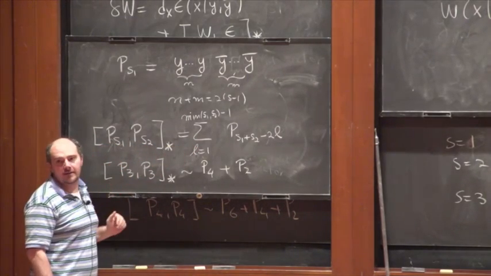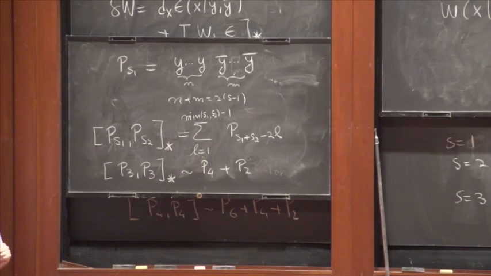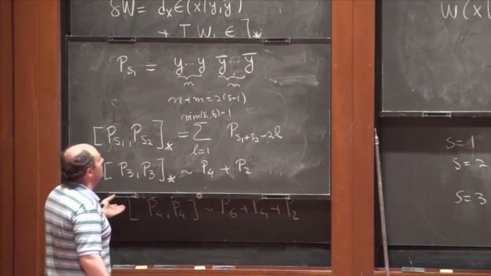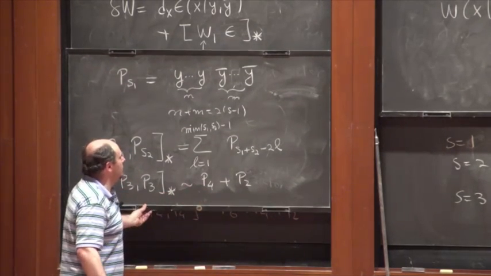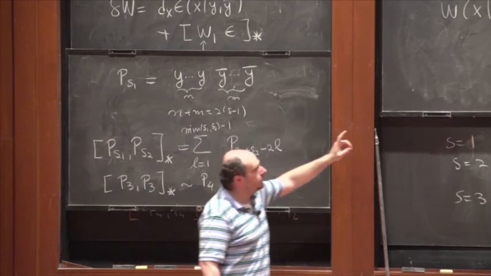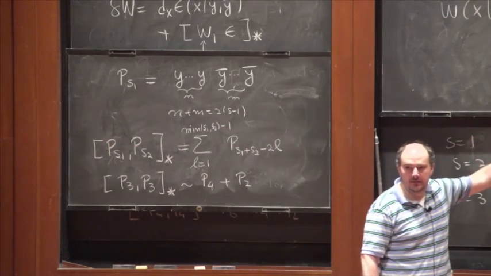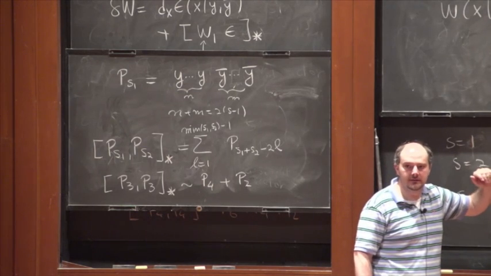Yes, all the generators which are associated with spin s are those such that n plus m is 2s minus 1. So for example, for spin 2, there will be p and m. I will call them spin 2 generators.